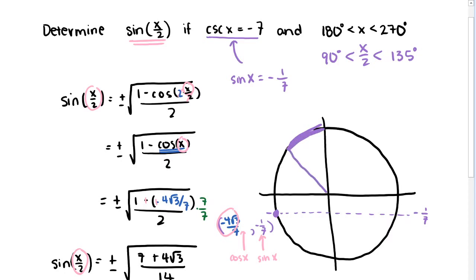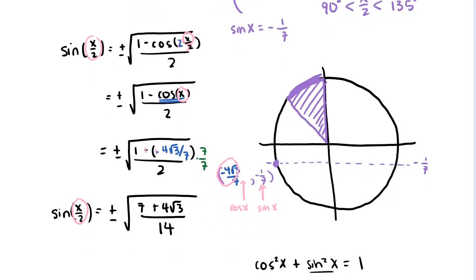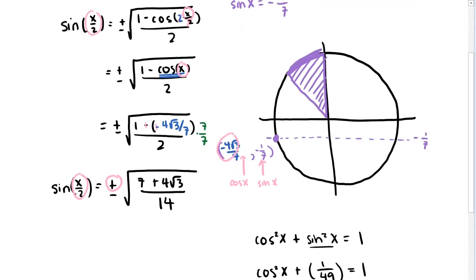I don't know exactly what the value of that angle is, but it's in this interval here. And so sine gives us the y-coordinate, and the y-coordinates of any point along the unit circle in this region here, well, it's going to be positive, right? It's above the horizontal axis, it's positive. And so sine of x over 2 is positive square root of 7 plus 4 square root 3 all over 14.